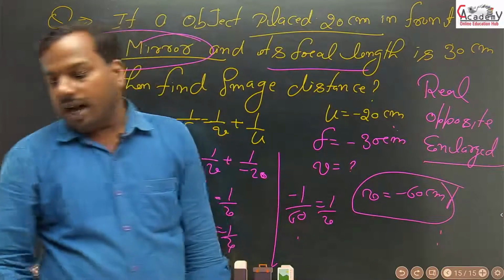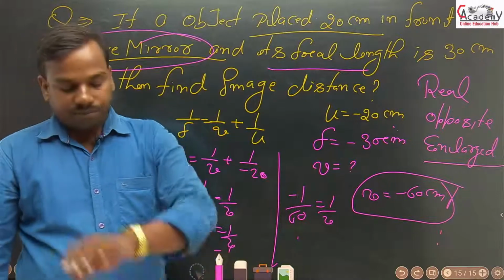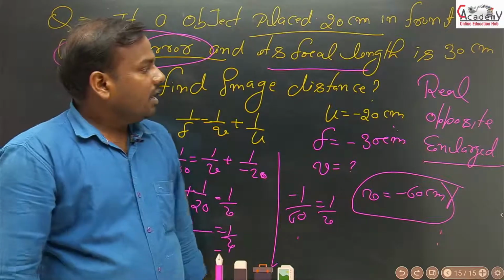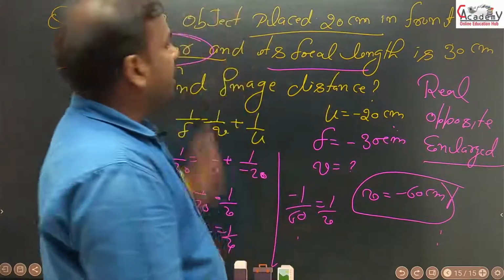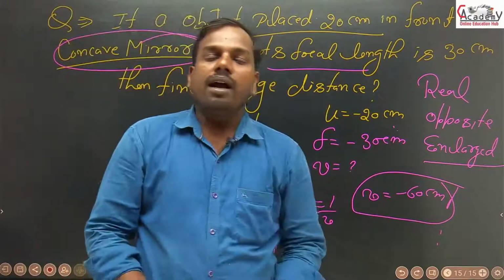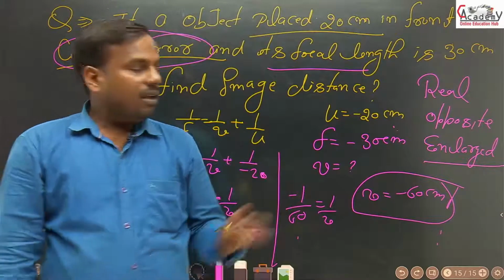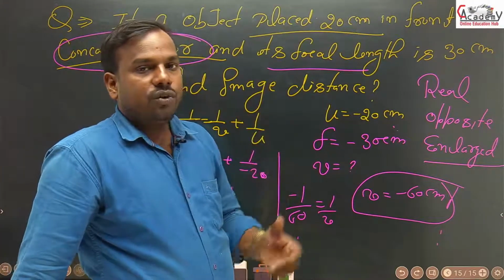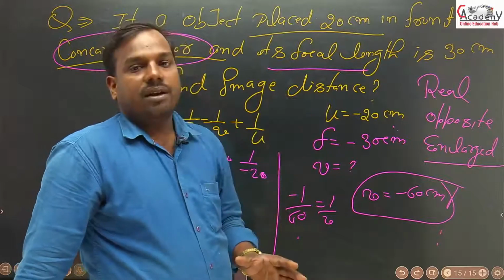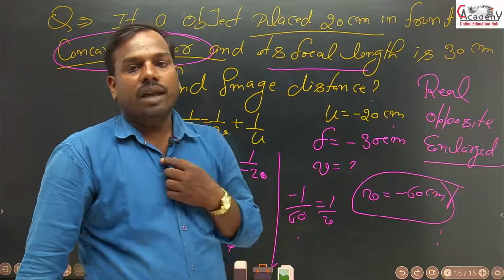We got an enlarged image. Is that clear? Okay, those are the problems related to the mirror and the mirror formula. In the next video I will teach you the refraction phenomena. Okay, thank you.